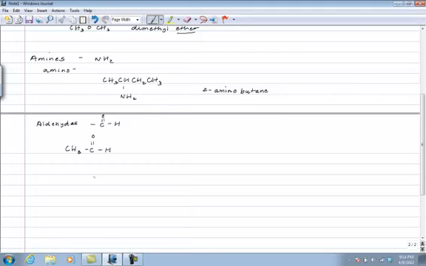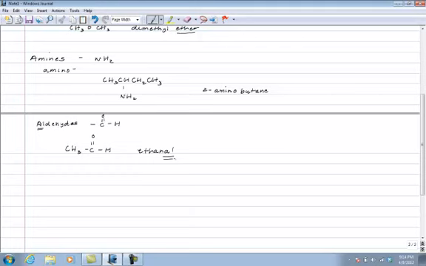You can see that there are 2 carbons in the chain, and this is ethanal. Aldehydes end in -al, A-L. That's how you can recognize them. So it's not ethanol, it's not ethane, this is ethanal.